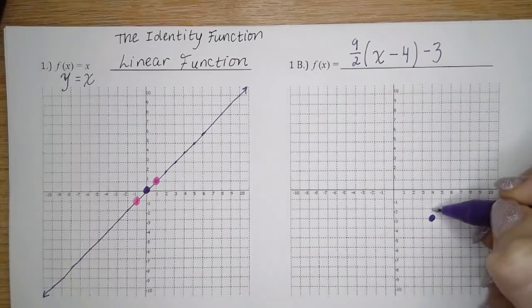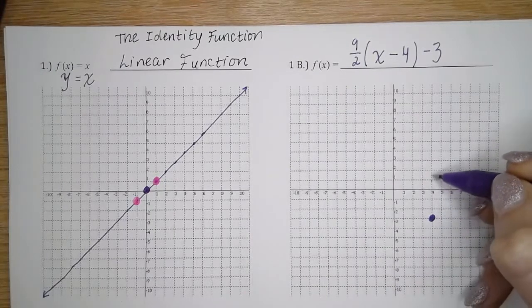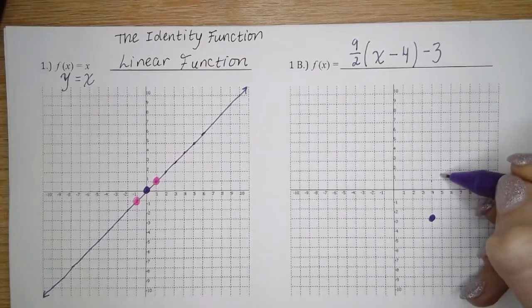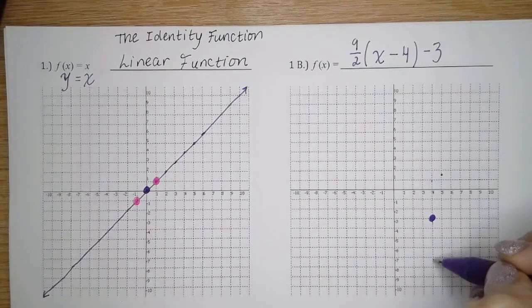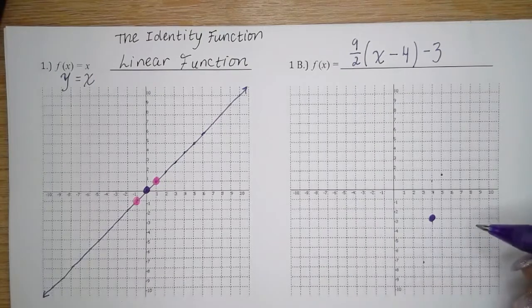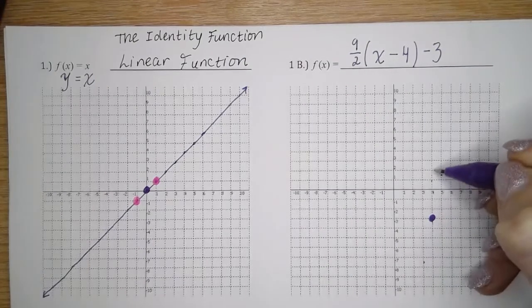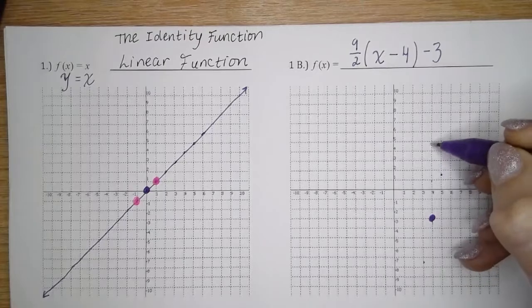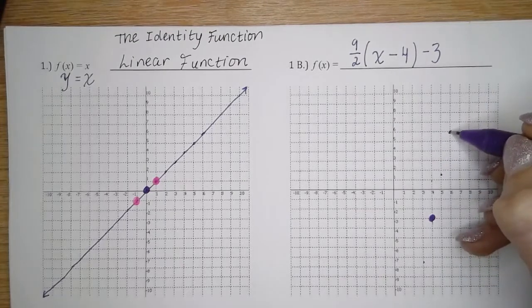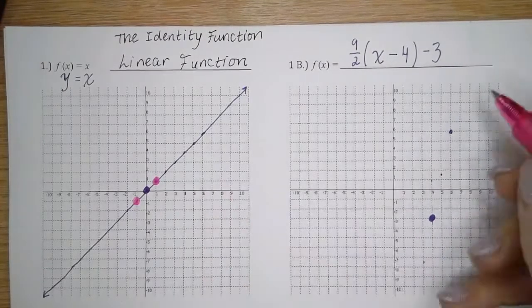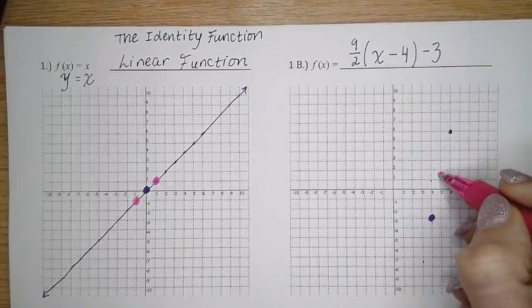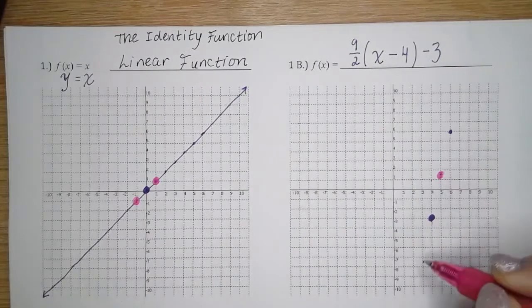So I'm going to go up 1, 2, 3, 4.5 over 1, and then down 4.5 over 1. Some people might want to just go up 9 and over 2, which is also fine. It's not wrong. But if I'm showing what happened to those original pink points based on my transformation, it's important that we do our transformations correctly.